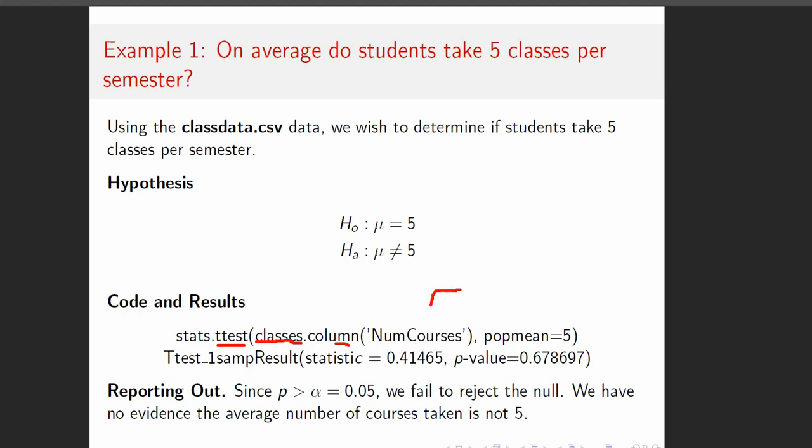So we turn this number courses column into array data, and the pop mean equals 5. That's this. We're telling the computer what the null hypothesis is, so it knows what value to compare to. Okay, let's just leave that there for the moment and take a look at the code that will accomplish this. All right.